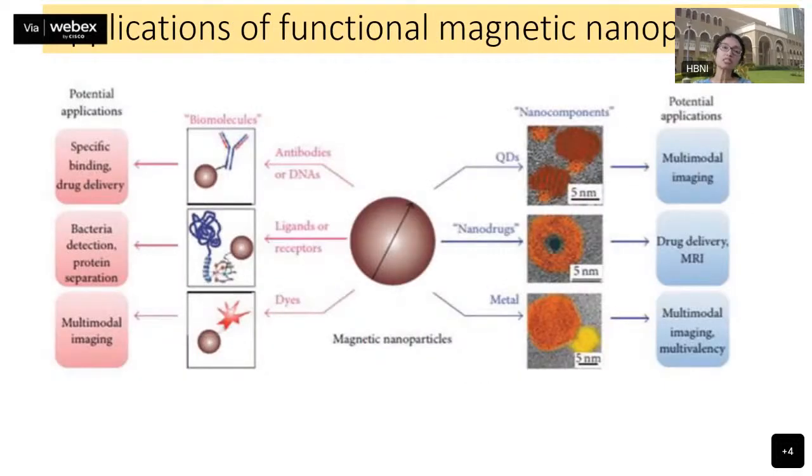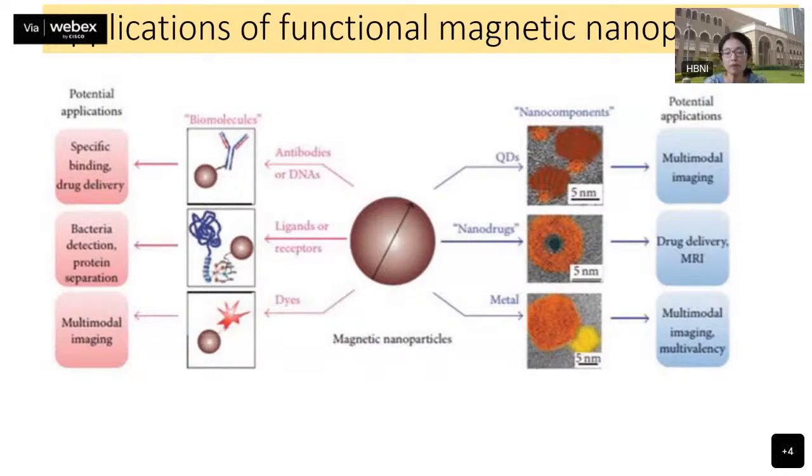Now this particular slide is showing you the different applications of functional magnetic nanoparticles. When we are looking into research in magnetic nanoparticles, what are the different areas and the different types of magnetic materials you can work on? Suppose you have a magnetic nanoparticle.